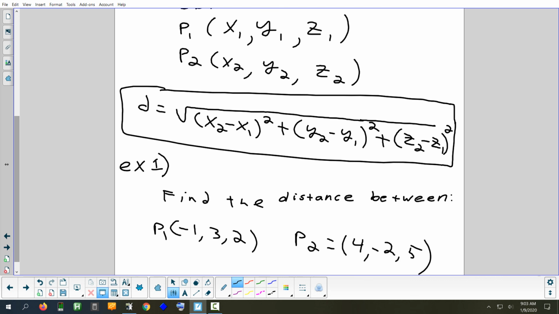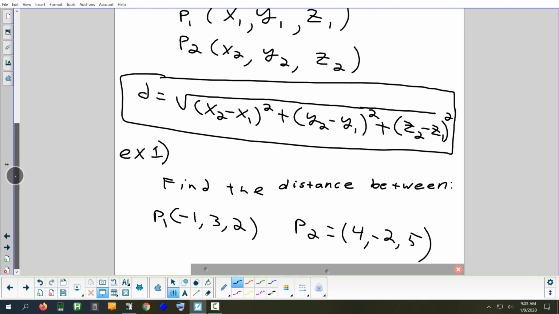All right. So, we want to find the distance between those two coordinates. So that's a distance between 2 points in 3D space. So we've got -1, 3, 2, and 4, -2, 5.